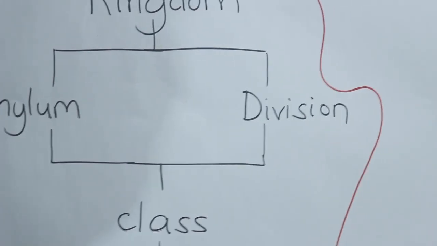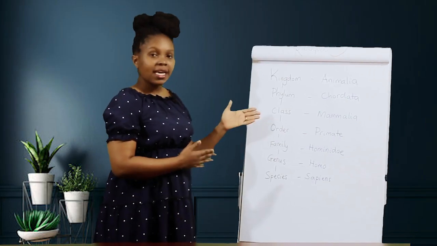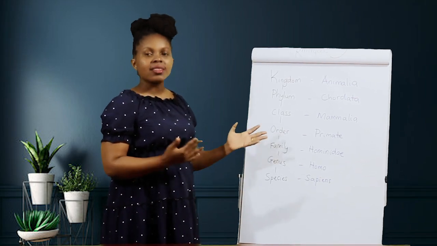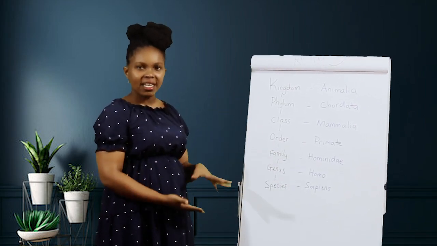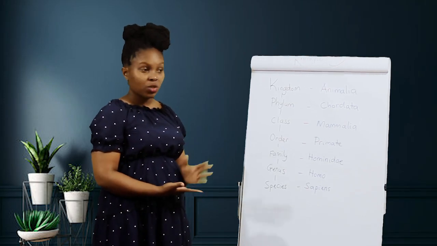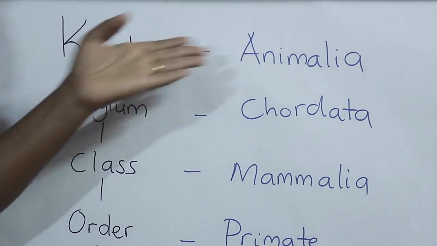Now, this whole system of levels of classification is also known as taxonomic units or taxa. We'll take an example of classifying the human being in this taxonomic unit or taxa levels of classification. So, the human being belongs to the kingdom Animalia.